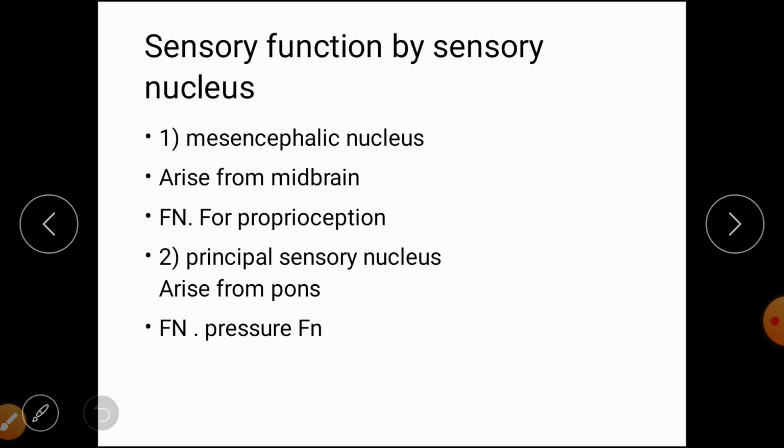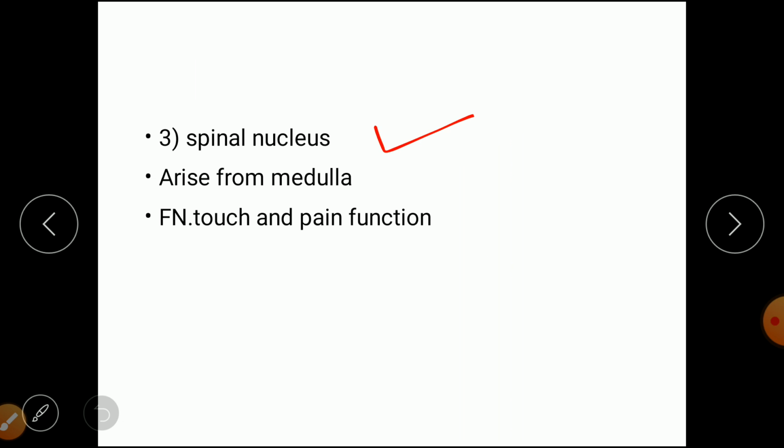Sensory function is carried by sensory nuclei. It has three sensory nuclei: first is mesencephalic, second is principal sensory and third is spinal nucleus.